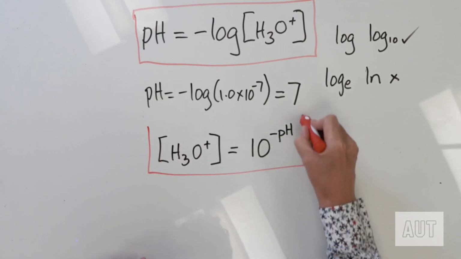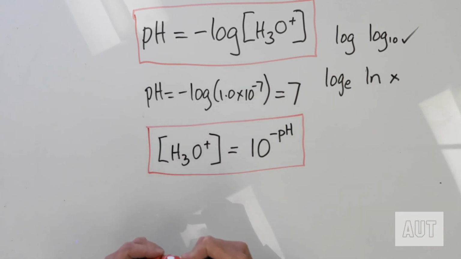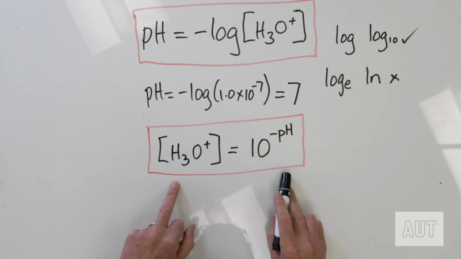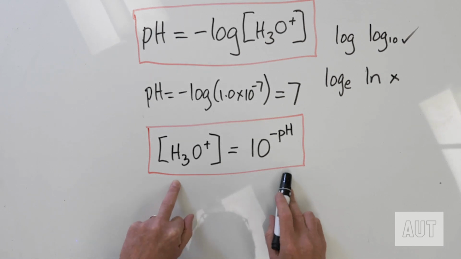You might think, how are those two related? Quite simply, we're taking 10 to the power of x to both sides here, and we end up with our expression for H3O plus as 10 to the power of the negative of the pH. Again, we can do our water example. We know the pH of pure water is equal to 7.